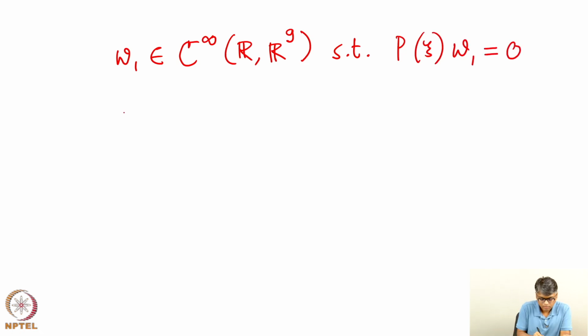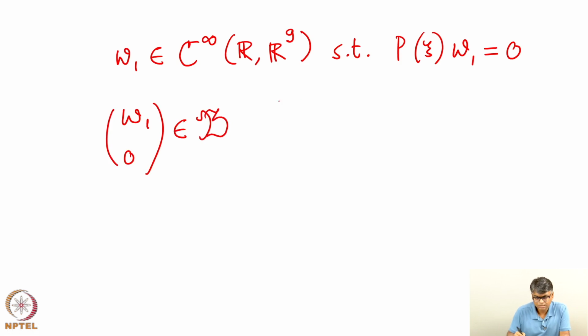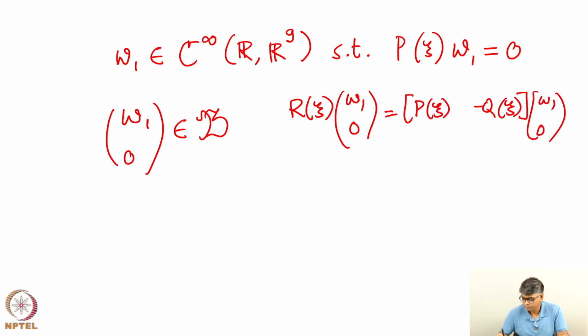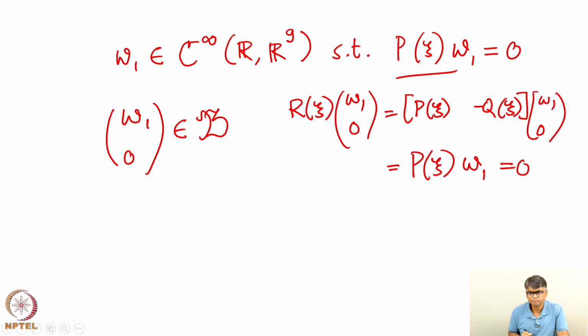This means, of course, (W1, 0) is in the behavior, because just notice R(ξ) (W1, 0) is just P(ξ) W1 minus Q(ξ) 0, which is just P(ξ) W1, which is 0, because that is what I have taken.